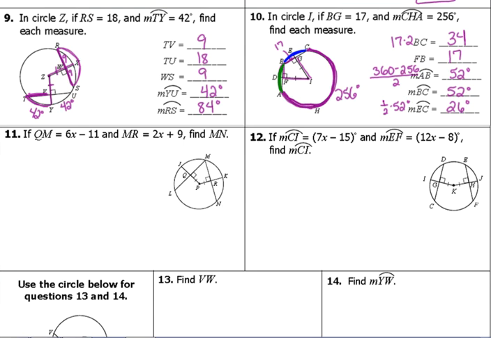If QM is 6x minus 11, so QM, that's this piece right here, and MR is 2x plus 9. Well, you can't always go by the picture, but looking at the picture, what does it look like is going on with those two?